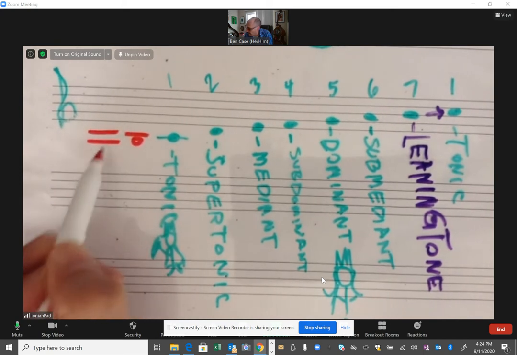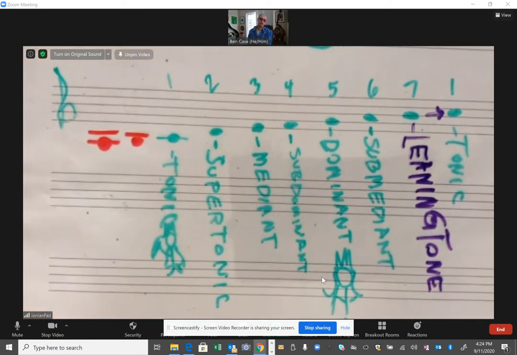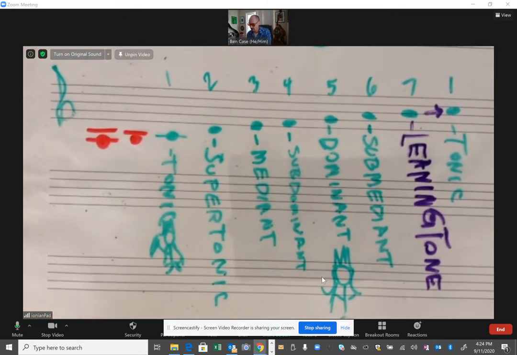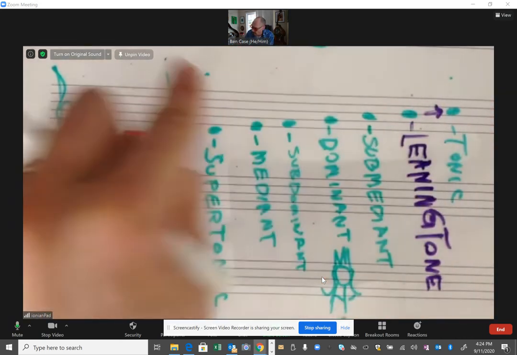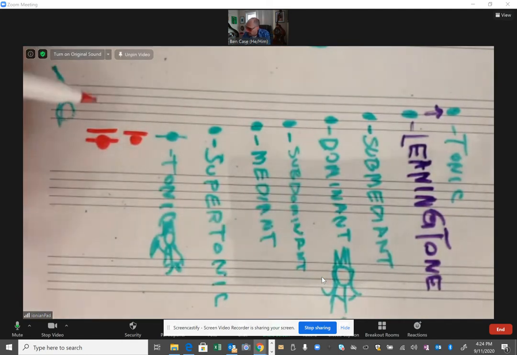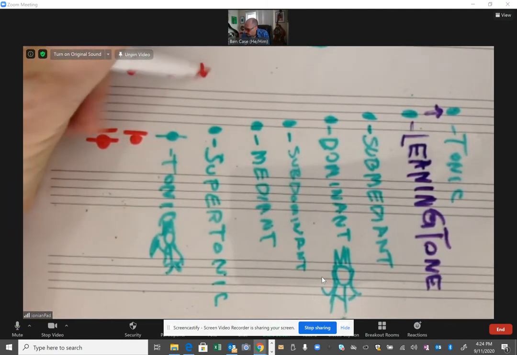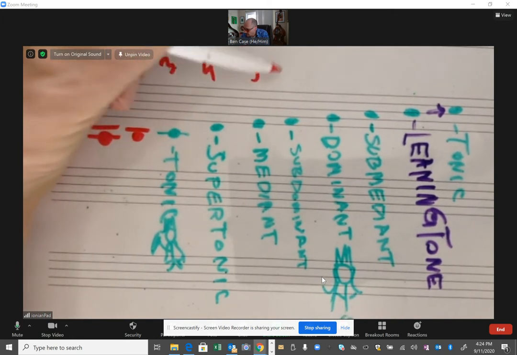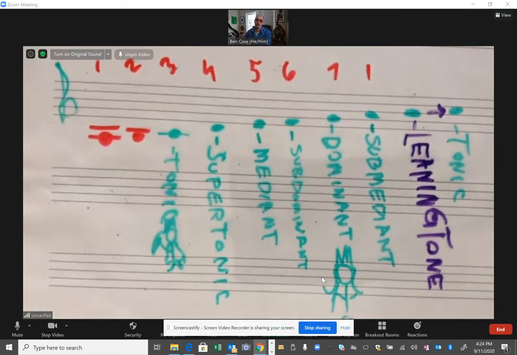I want you to go ahead and draw our B and our A to complete that minor scale now. Okay, so I'm going to erase these numbers, and I'm going to restart my numbers. So I'm going to have 1, 2, 3, 4, 5, 6, 7, 1. Okay.